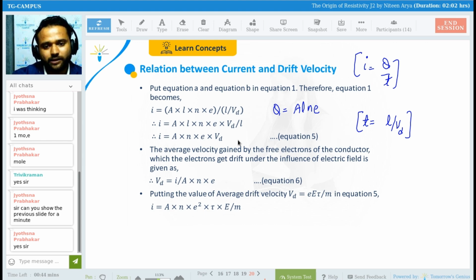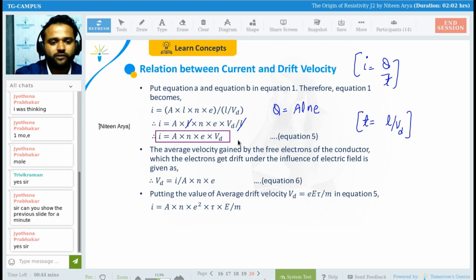So L is going to be cancelled out, and I equals NeVd. This is the famous relation, the famous formula which is going to be used everywhere. This is your important relation between the current and the drift velocity.